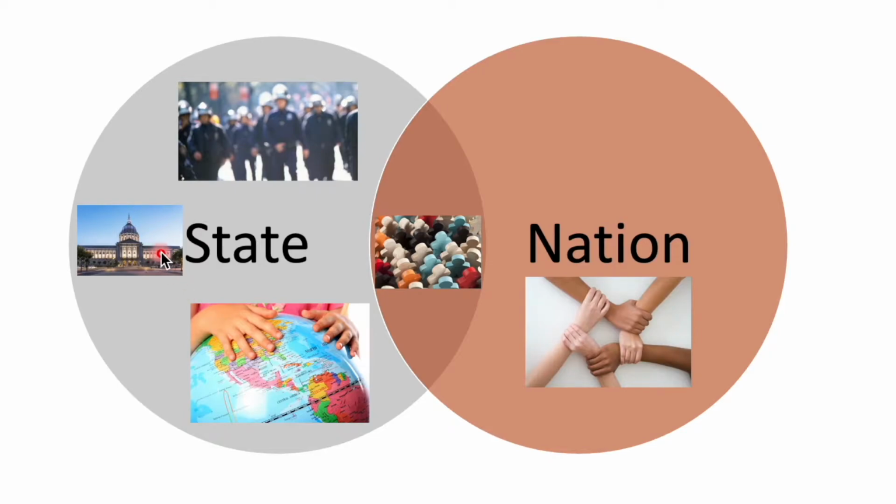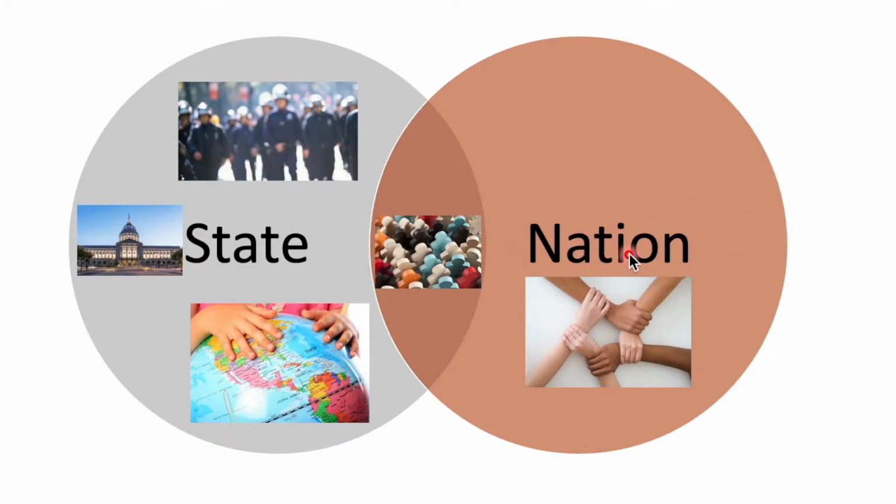When a government's authority is in question, that can lead to conflict. Now, states may have separatist movements as an example of such conflict, and this can maybe help us distinguish a state from a nation.